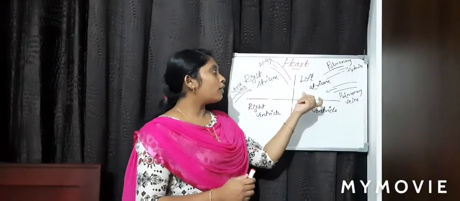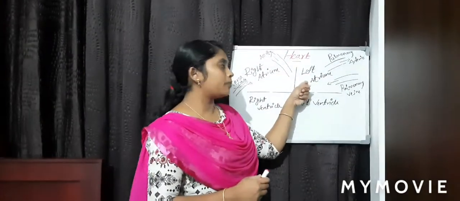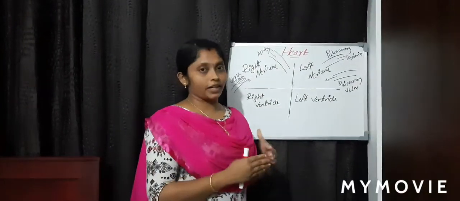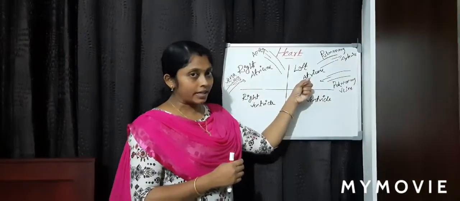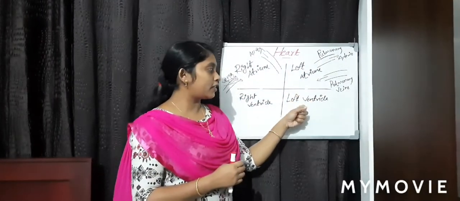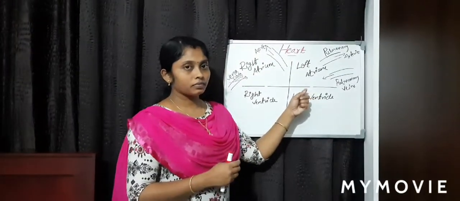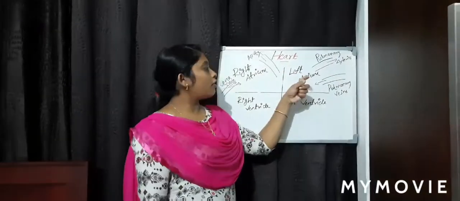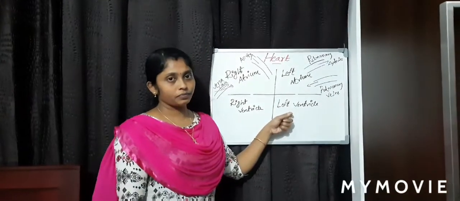When the oxygenated blood enters the left atrium, the atrium will relax. Then it contracts. Due to the contraction, the oxygenated blood from the left atrium goes into the left ventricle through the valve.